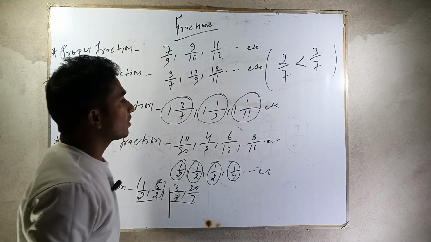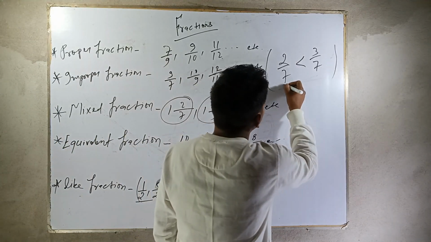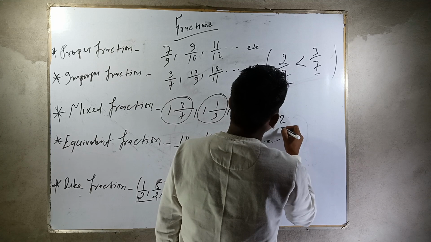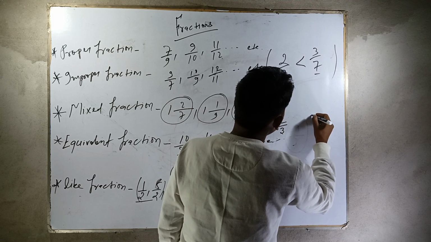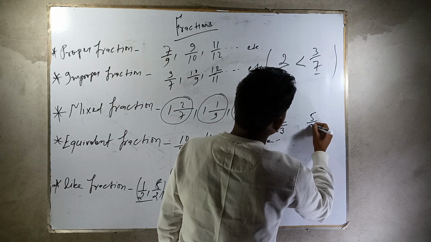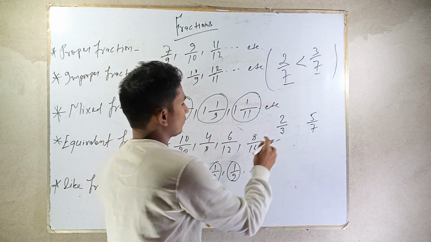So if any types of fraction are given, then first I need to make the denominator the same. Suppose 2 by 3 and another is 5 by 7. How will I know which one is greater?